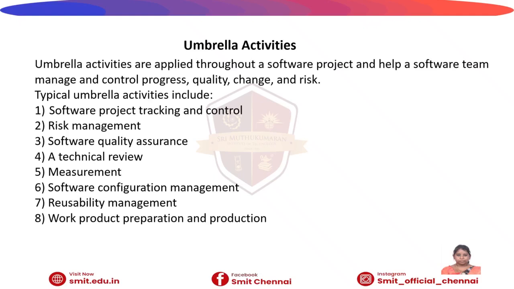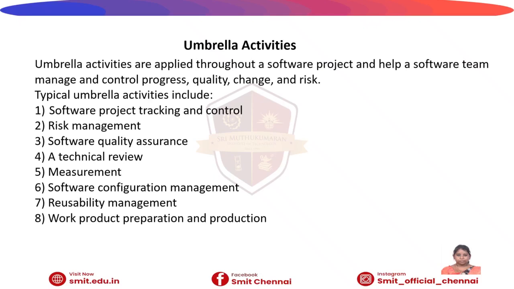Umbrella activities are applied throughout the software project and help the software team to manage and control progress, quality, change and risk. Some of the typical umbrella activities include software project tracking and control, risk management, software quality assurance, technical review, measurement, software configuration management, reusability management, and work product preparation and production.